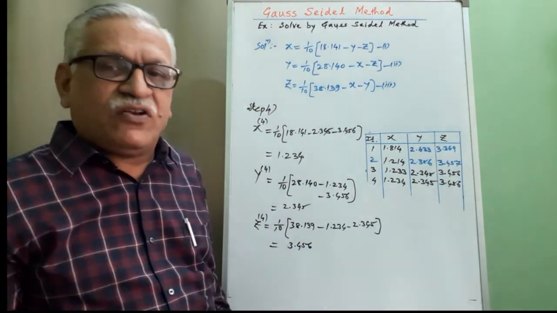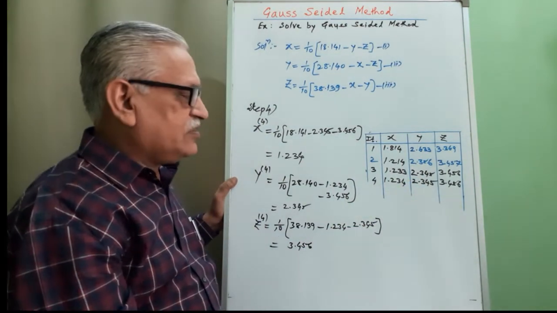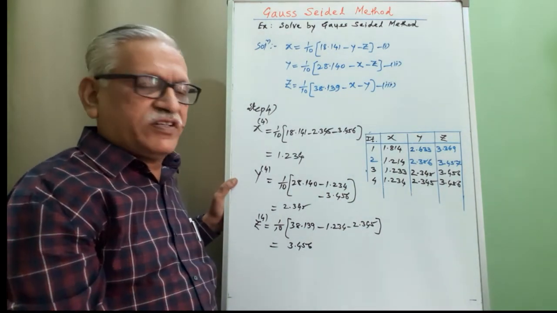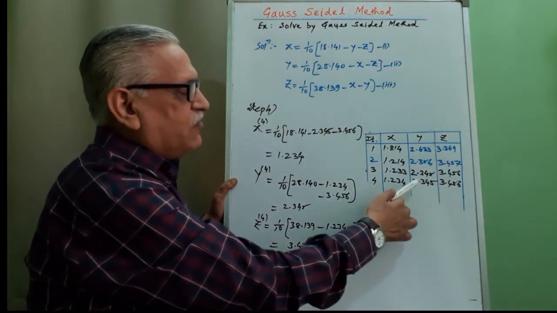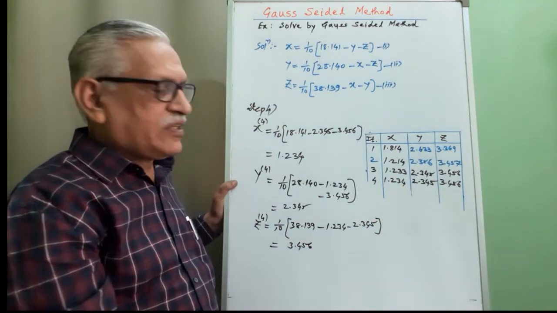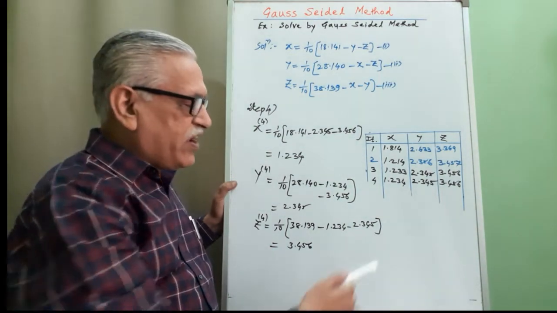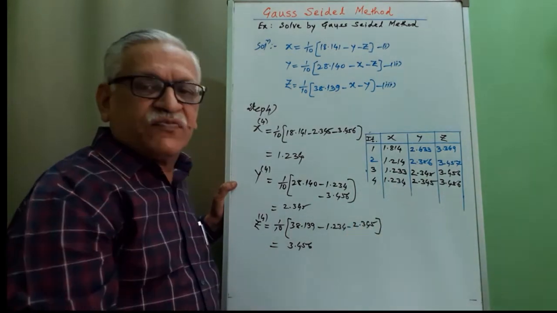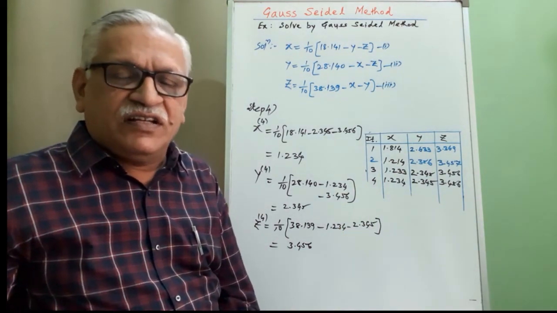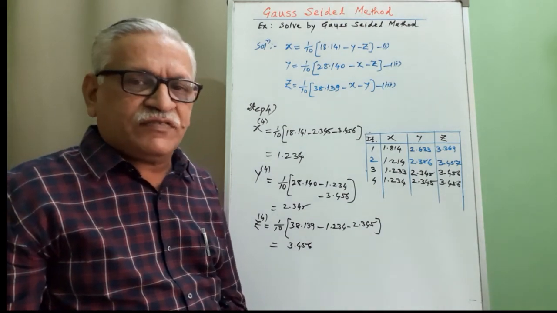And if we observe the values, we have the same values for z for iteration number 3 and 4, successive iterations. Y is also the same, 2.345, 2.345, and for x, the difference is 0.001, which means nearly equal. And as we get nearly equal or equal values, we can stop the iterative procedure.